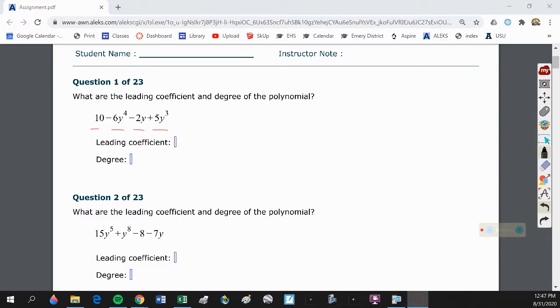A term is made up of variables and numbers, and it's separated by addition or subtraction. In that term, we have variables and we have coefficients. So coefficients are the numbers that sit in front of the variables. So 10, -6, -2, and 5 are all coefficients.